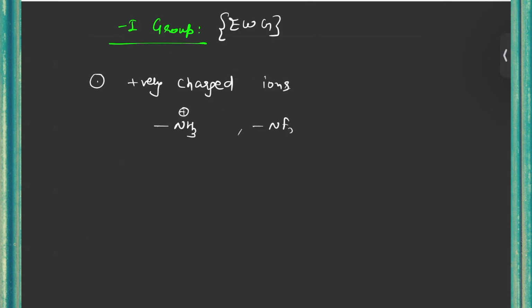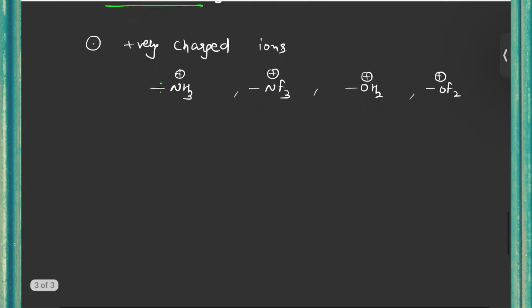For example, NH3 plus, NF3 plus, OH2 plus, OF2 plus. You can see these are positively charged ions. So they will withdraw the electron density because they are positive. They attract the electrons in the bond towards themselves, right? So positively charged ions have a minus I effect.